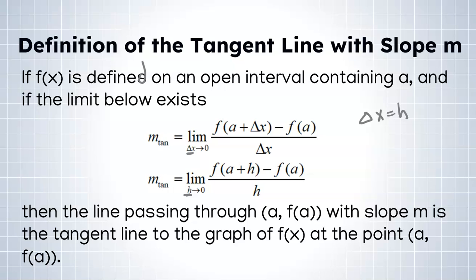So using a limit is how we allow that change of x, or we want to call it h, to get closer and closer to 0. So this is the definition, the formula to help us find and understand the definition of a tangent line.